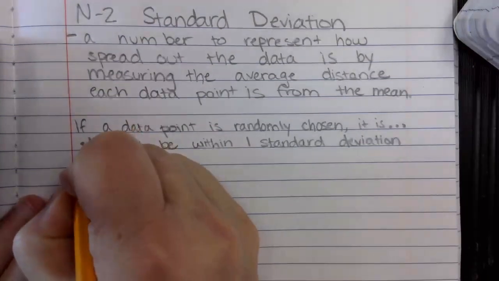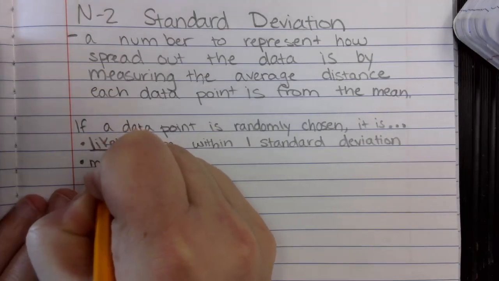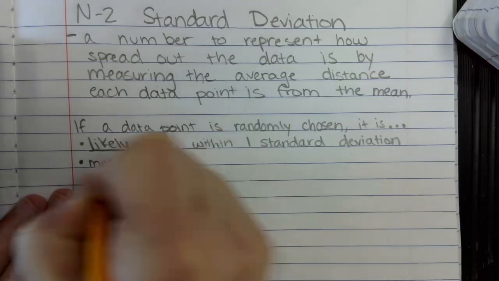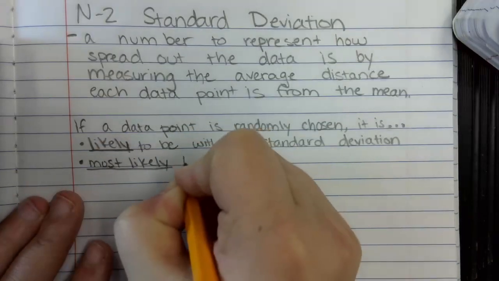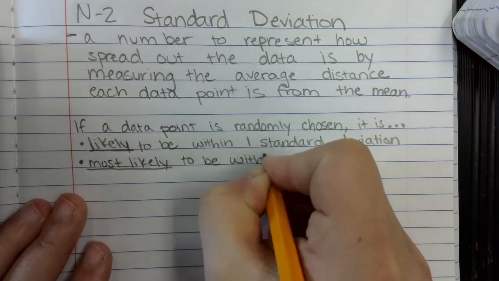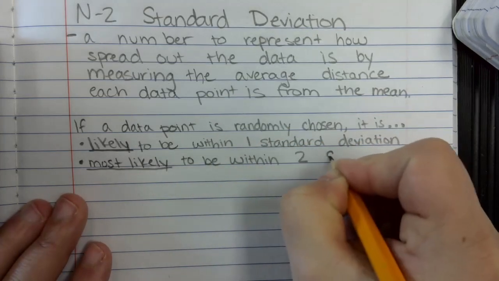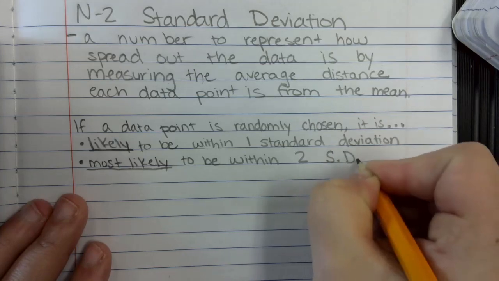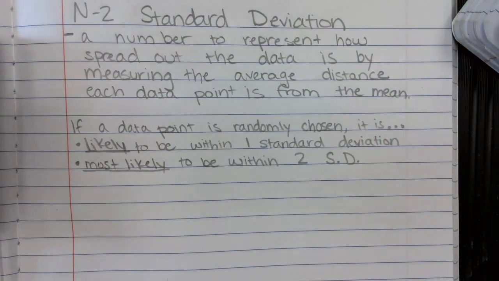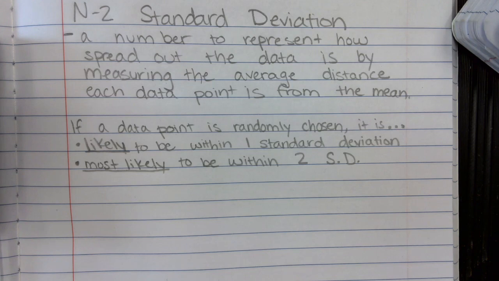Okay, it is most likely, so our probability will even be greater, to be within 2 standard deviations. And I'm going to do SD for standard deviation. So if I pick a random data point, and somebody says, "What's the likelihood that data point is within 2 standard deviations?"